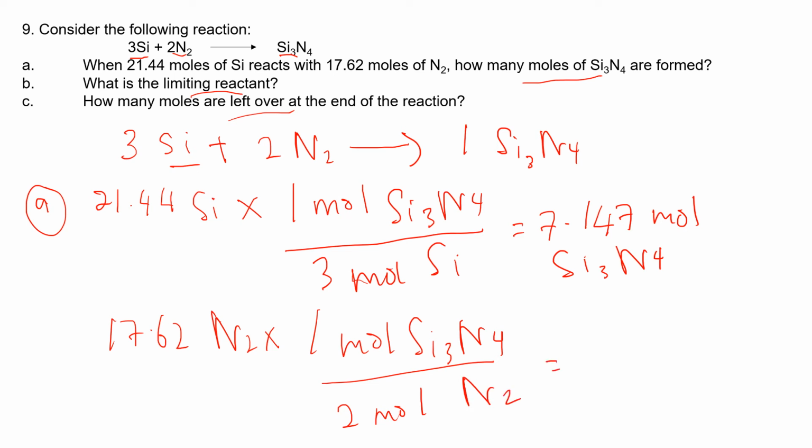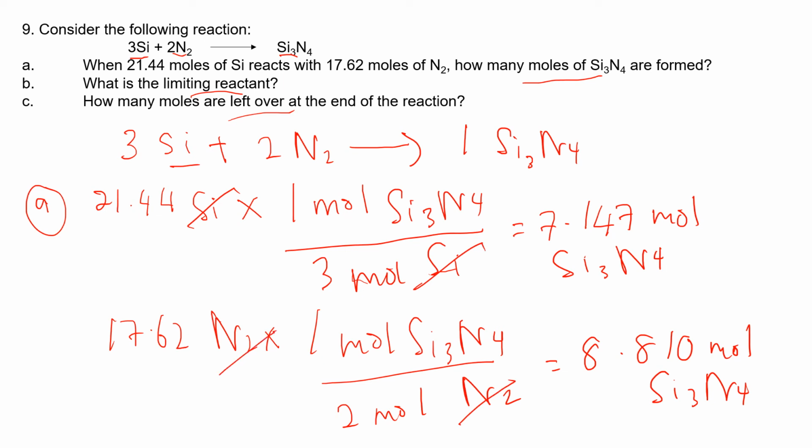Okay, so you akan dapat 8.81 mole Si3N4. Okay, ini tadi boleh cancel, ini tadi boleh cancel.